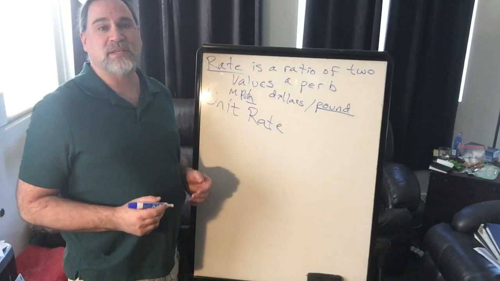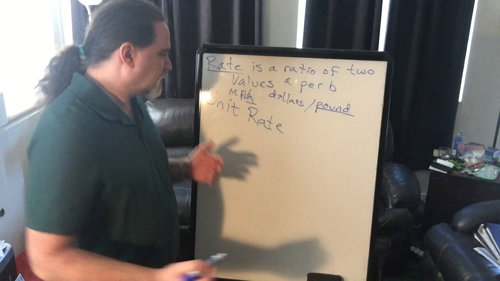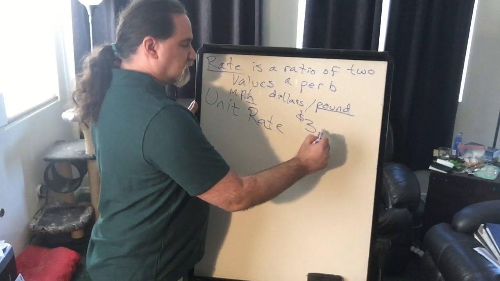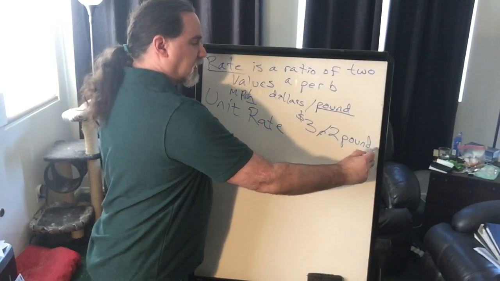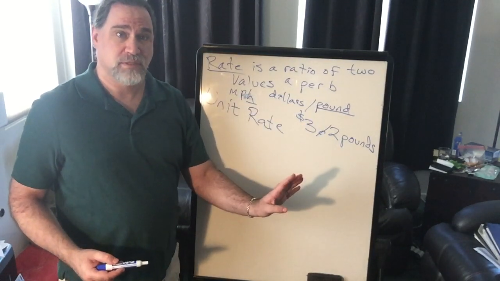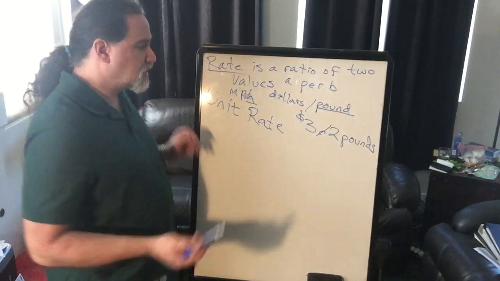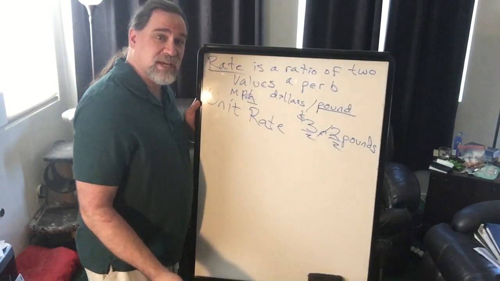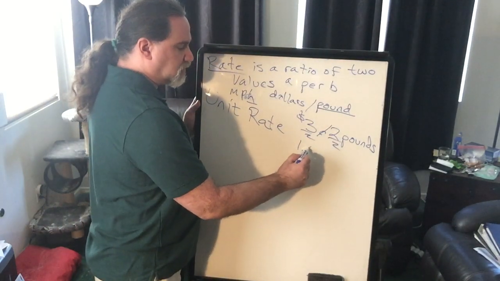Sometimes we go to the supermarket and there's a special on, but it's $3 for 2 pounds. That's still a rate. It's not a unit rate. If we wanted to find the unit rate for this, we would have to divide both things by whatever number the second value is, because we need that second value to be 1.